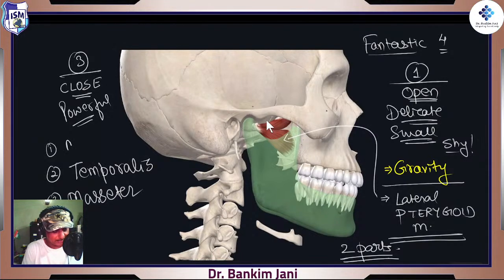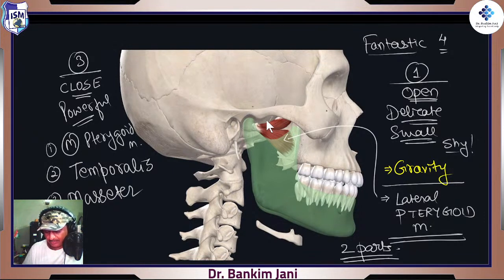And this one is medial pterygoid. A bit of a gentle name, but otherwise the rest of the names are like goons. But they are so powerful. So medial pterygoid, temporalis, and masseter, and this is the lateral pterygoid. And we are watching the lateral pterygoid first.